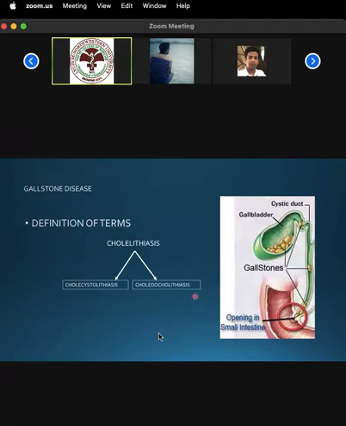When you say choledocholithiasis, this means to say that you have stones inside the common bile duct. So do not interchange these things because it's important for us to know the difference between a cholecystolith and a choledocholith.